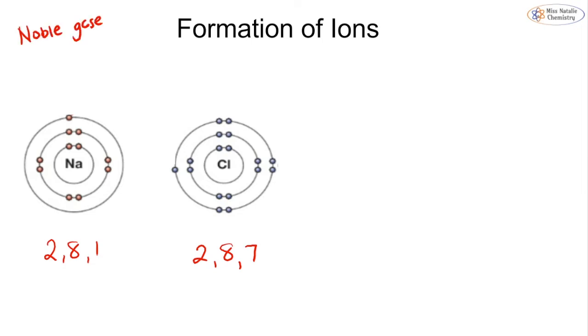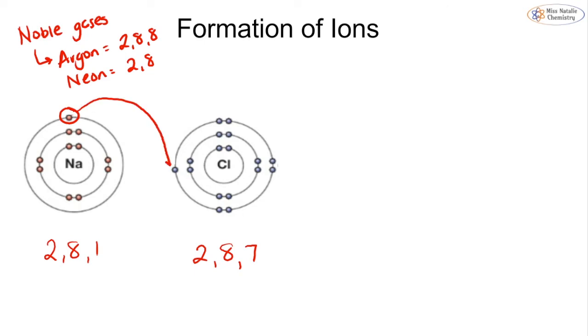And the noble gas that they want to be like is argon, which has 2,8,8, a full outer shell, or they may want to be like neon, which is 2,8. So in order to do this, what happens is this outer electron here from the sodium is actually transferred to the chlorine. So we get this transfer of electrons.